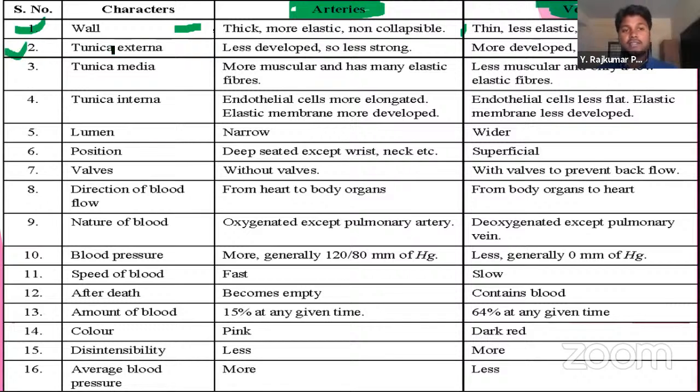Tunica externa, which is the outer layer of the blood vessel, is less developed and less strong in arteries. But in veins, the tunica externa is more developed and more strong. Tunica media in arteries is more muscular and has many elastic fibers. Okay. And in veins, it is less muscular and has only a few elastic fibers.